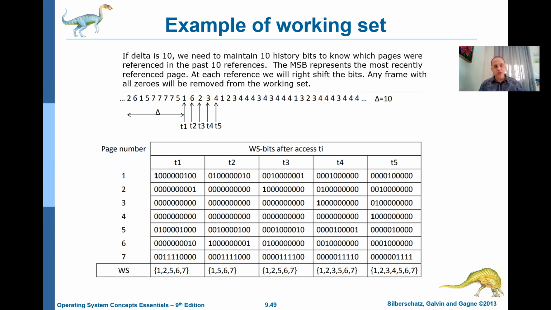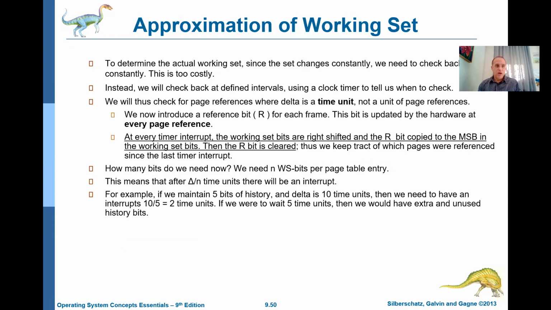Not every operation is a reference to memory, but every load word and every store word is. So you see that this will be expensive in the sense that it will take CPU resources. So this is not great, although this would be the theoretical working set method.